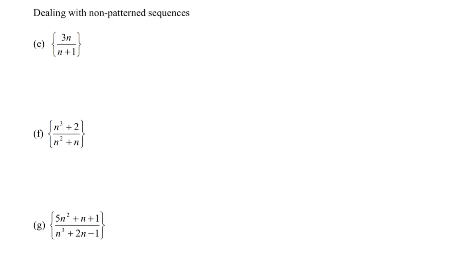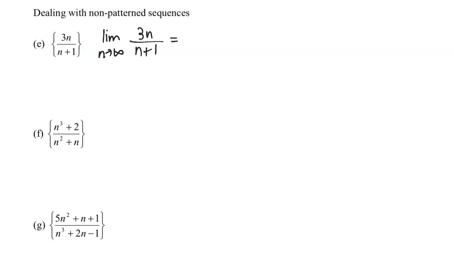Okay, now it's also possible to find the limit and determine convergence or divergence if this sequence does not have a pattern, but you know the formula. And the reason for that is because to find the limit, we're just going to take the limit as n goes to infinity of the formula. And so we know, based on what we said earlier in the notes and what we learned in Chapter 1 and Chapter 2, that to find this limit basically is the same as finding the horizontal asymptote.